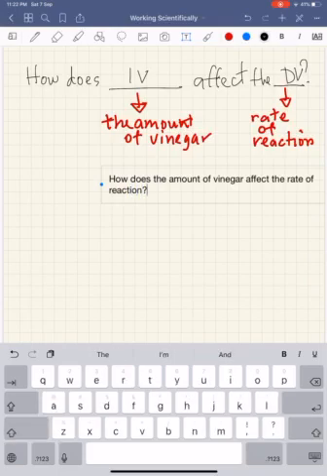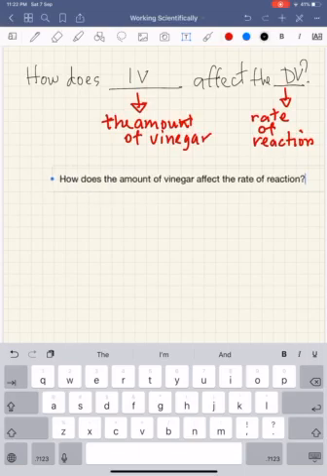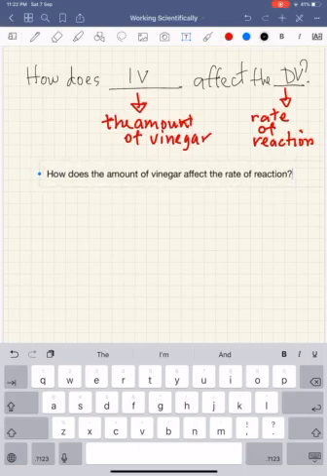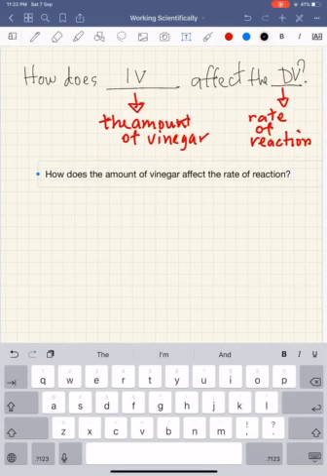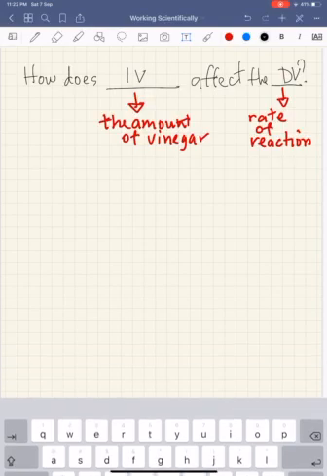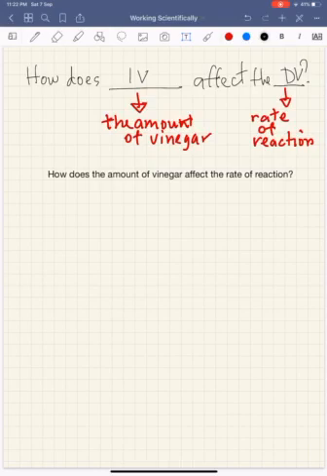Question mark. Here you will see your independent variable and your dependent variable.